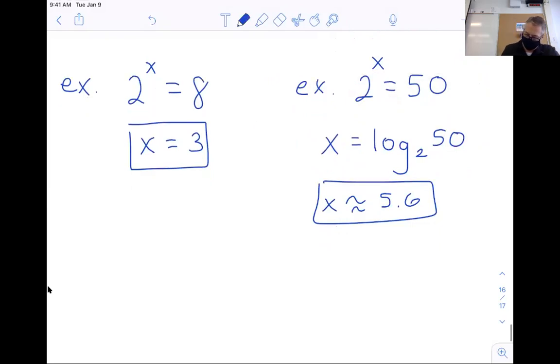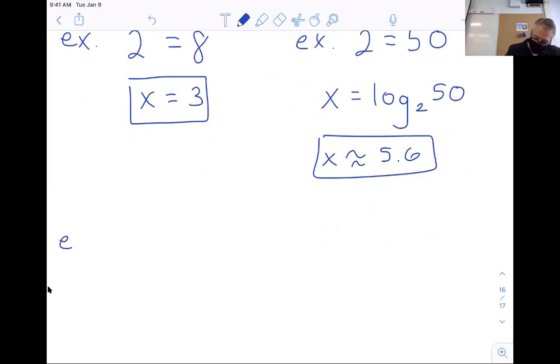We'll do another one. In fact, we'll do a whole bunch. If we wanted to take 3 to some power, let's say 5x in this case, so 3 to the 5x power is equal to 100. All right, that's written in exponential form.